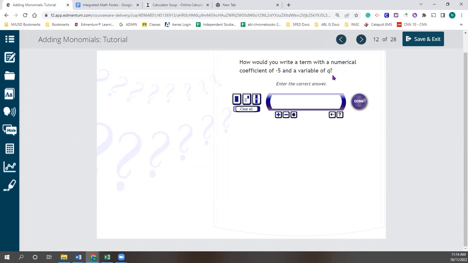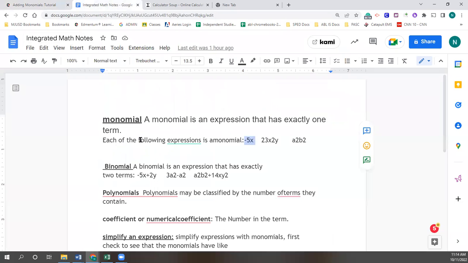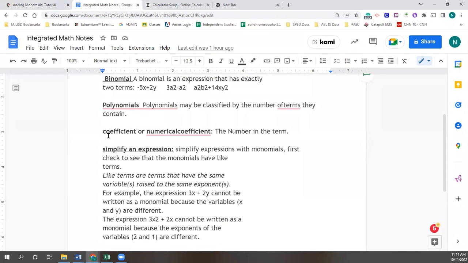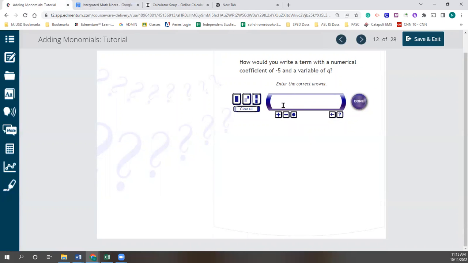If this was a question on the mastery test, you need to know what a numerical coefficient is and what a variable is. So in your notes, add that. A coefficient or numerical coefficient is the number in the term. So I'm going to put -5q.